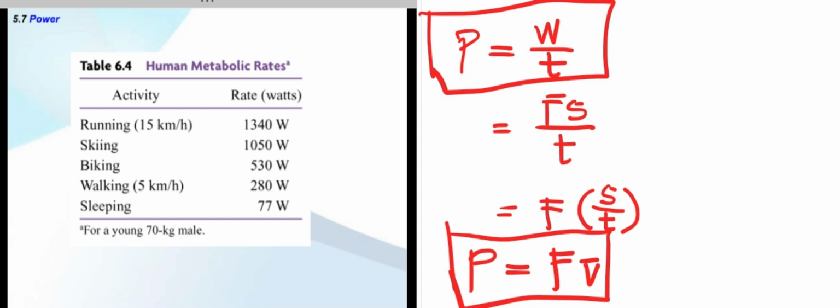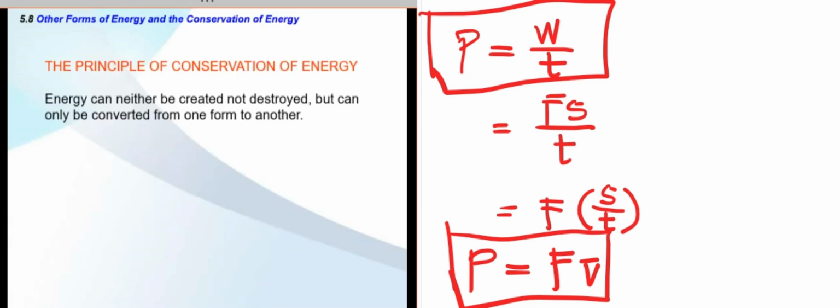We are generating actually energy equal to 1340 watts. Skiing is 1050 watts, biking 530 watts, walking with a velocity of 5 kilometers per hour 280 watts, sleeping is 77 watts. So this is how we generate power in our body, human metabolic rates.